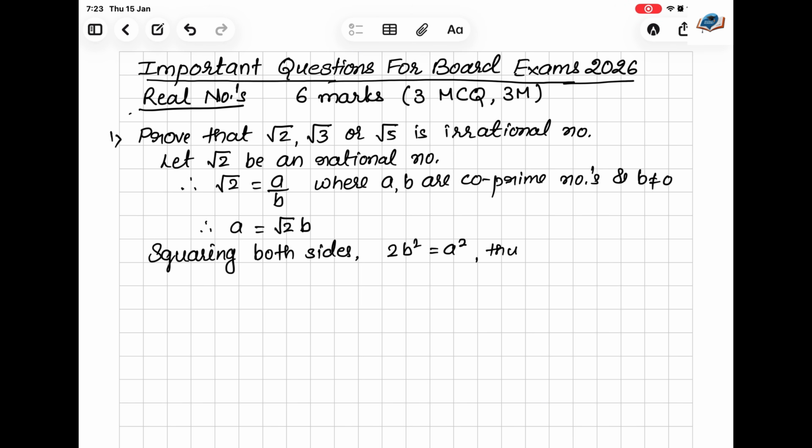Thus b square is divisible by 2. So a square is also divisible by 2.